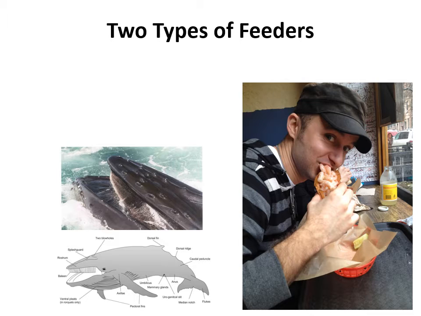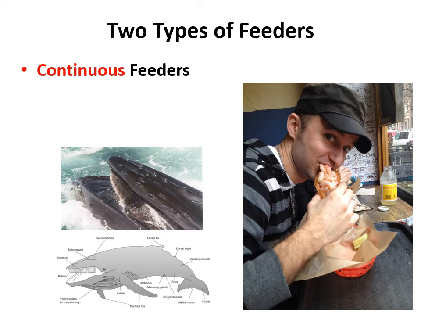Now, in addition to the different types of digestive tract, we also break down feeders into two types of feeders. There are the continuous feeders, which is not my brother pictured on the right there. Instead, the continuous feeder is the example of the whale that you see here.